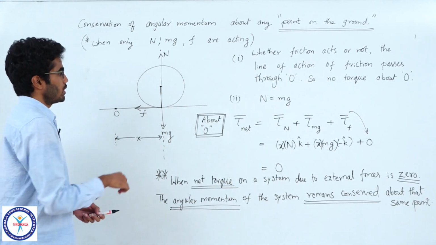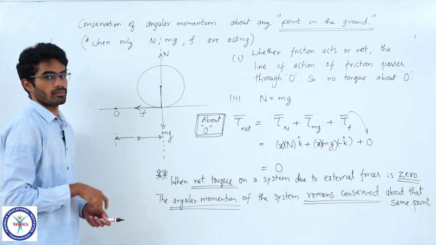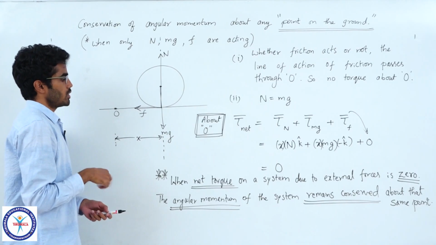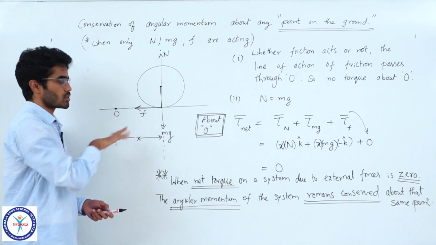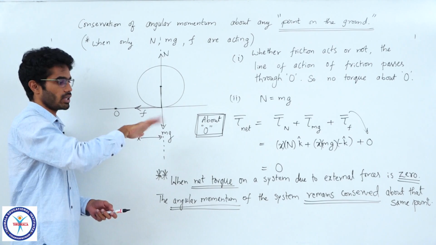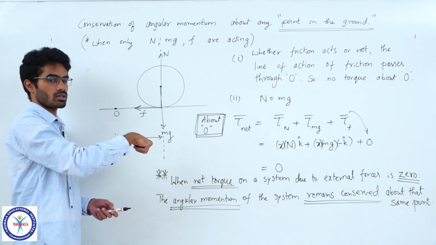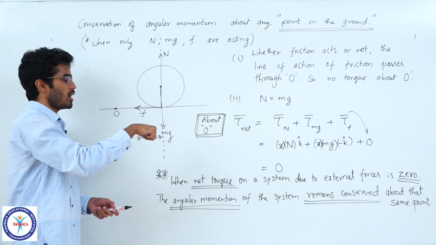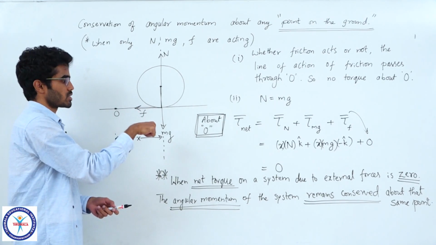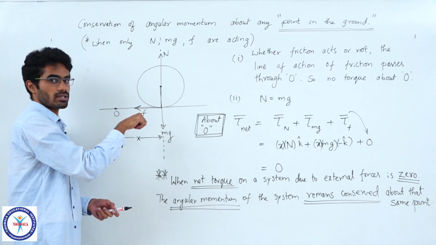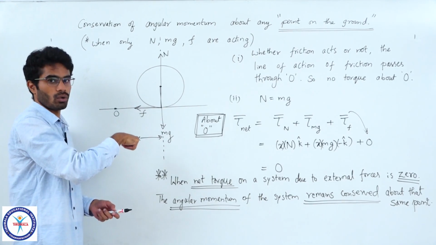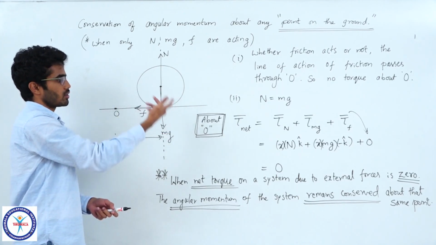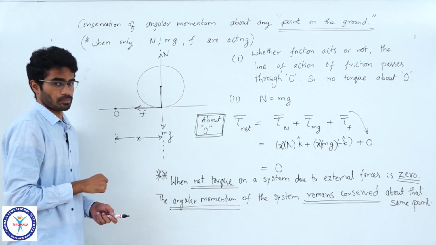Similarly, what is the torque produced by mg? The line of action of force is the same thing, but pointing in downward direction, and the perpendicular distance is still x. So, x cross the force mg, it is downwards. So, you curl your fingers towards downward direction, not upward direction, downward direction, and you get the thumb pointing inwards. So, the torque is inwards, or you can say the sense is clockwise. This force has a turning effect clockwise about this point.